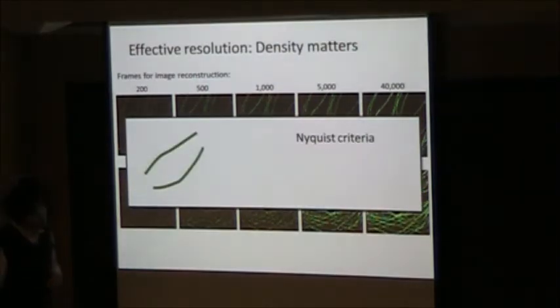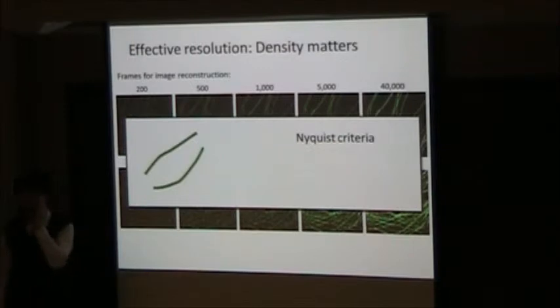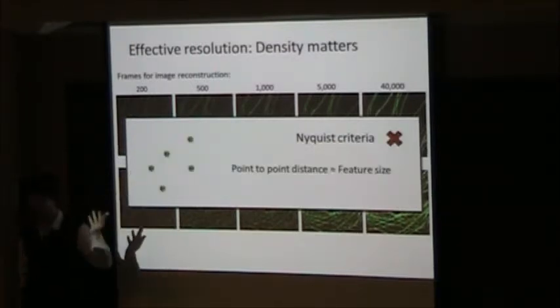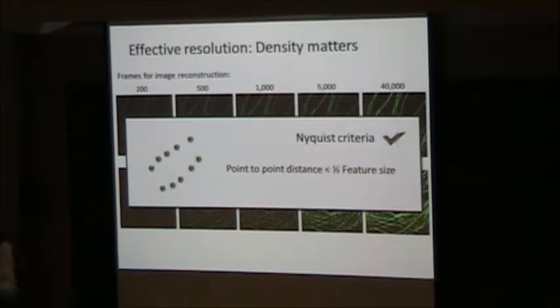And a simple explanation is the Nyquist criterion, because when the sampling density is not enough, you don't resolve two structures. Only when the point-to-point distance is shorter than half the feature size you want to resolve, you can say that, okay, I can resolve that precisely.